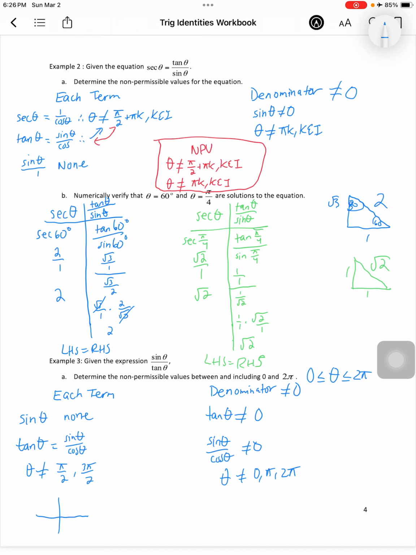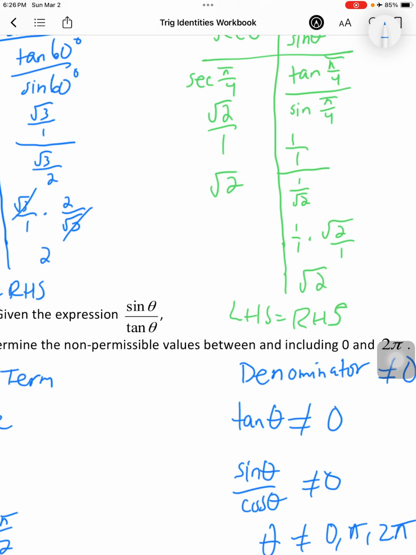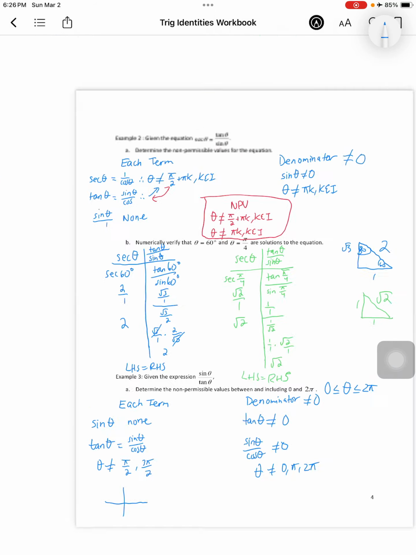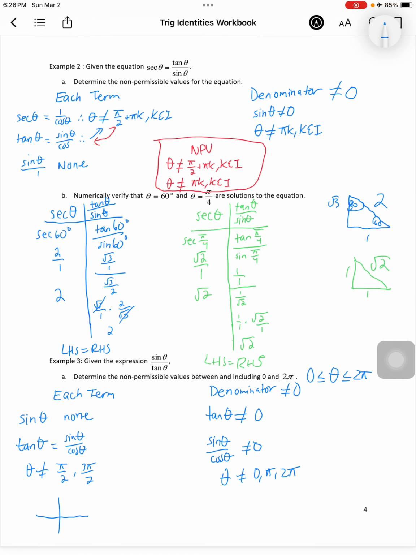So whenever you're in the denominator section, that means the numerator of your denominator cannot be equal to 0. I know it sounds confusing, but bear with me. But for this specific question, tan theta cannot equal 0. That means sine theta cannot equal 0. You can just remember that rule. And that's it for each individual part.